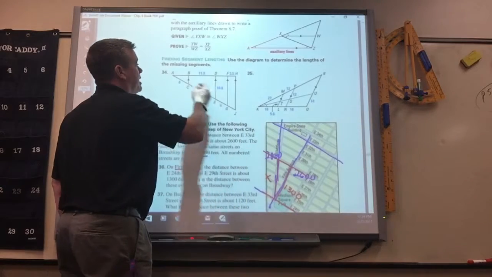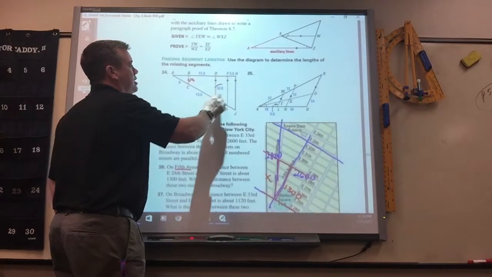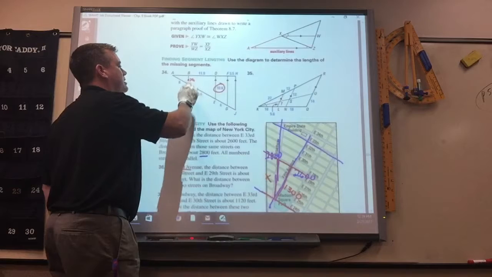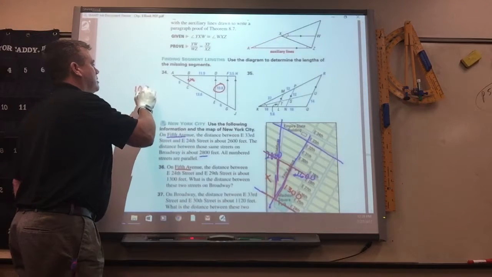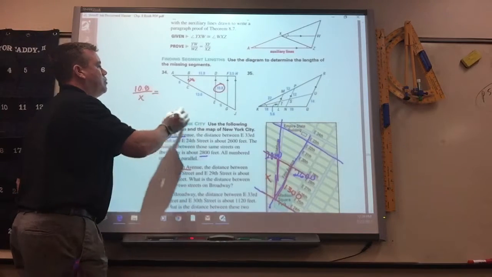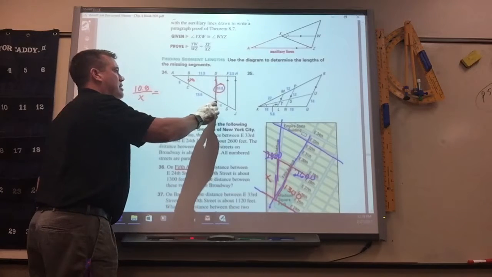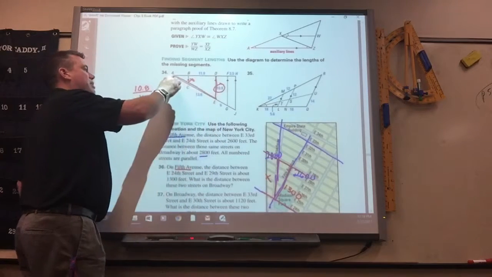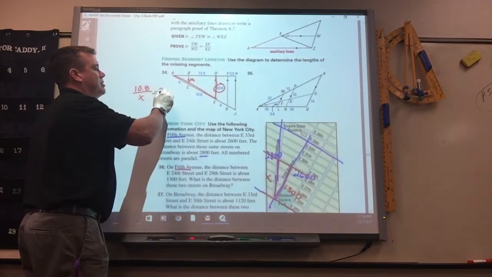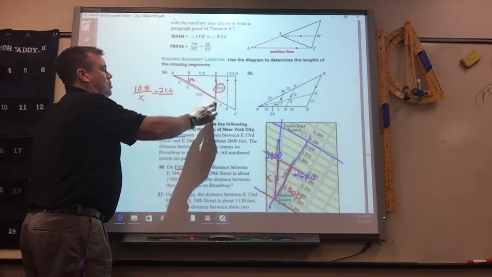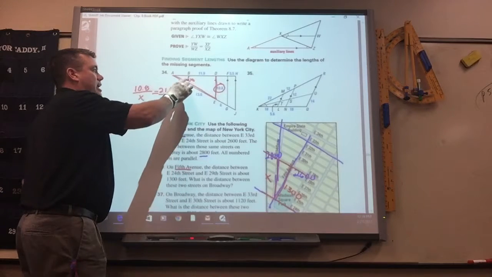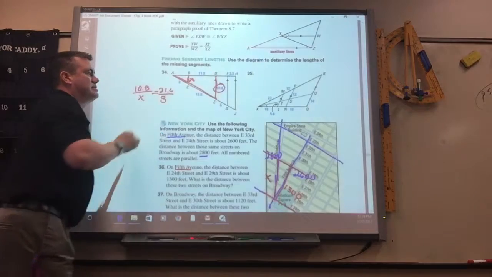But when you're doing like here, you'd use that 10.8 to x equals, this is the side of this whole thing. So you got to add these together. The whole side, and then x is here, so it's the 8.